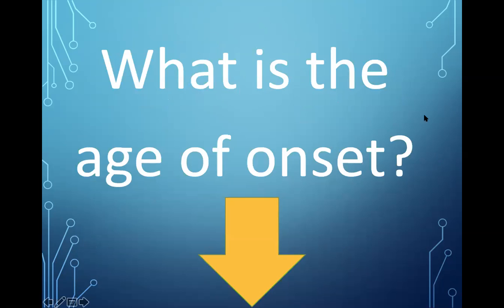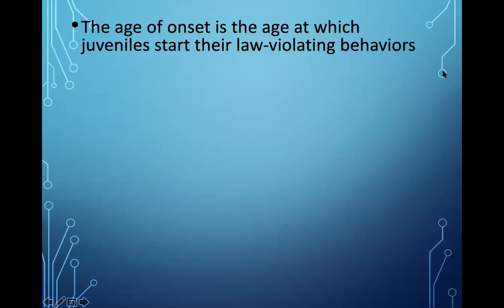And what is the age of onset? The age of onset is the age at which juveniles start their law violating behaviors.